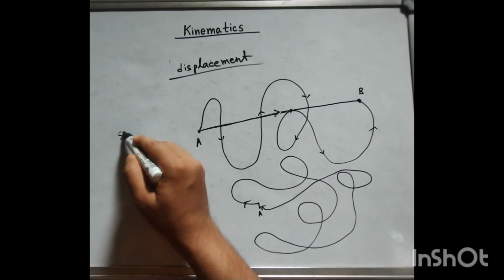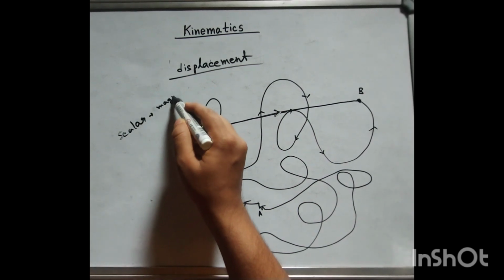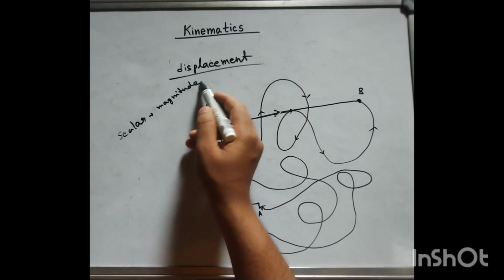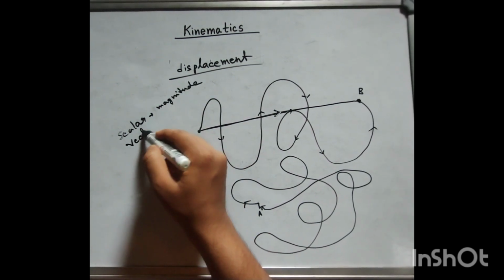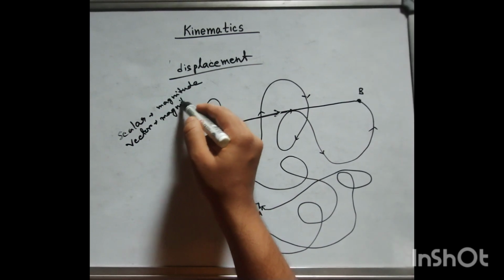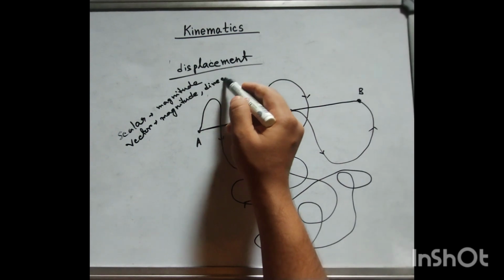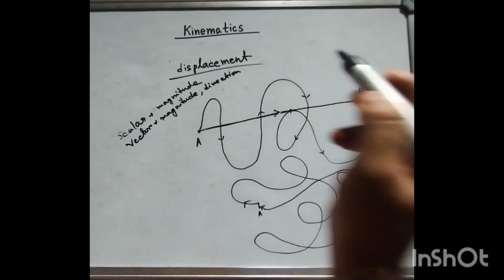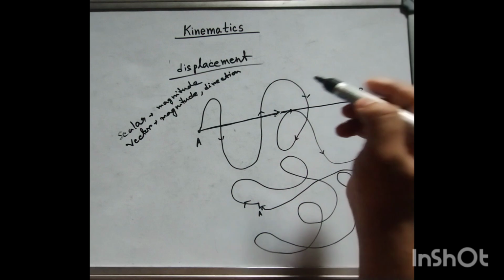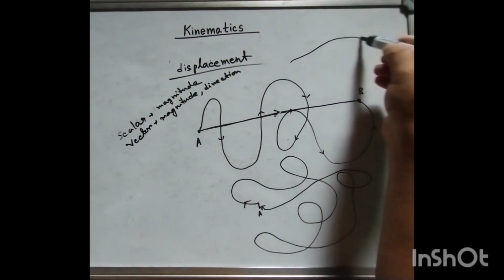What is scalar? Scalar means it has only magnitude, and vector means it has magnitude as well as direction. But that is not the complete definition, because you have seen in your household that current wire.